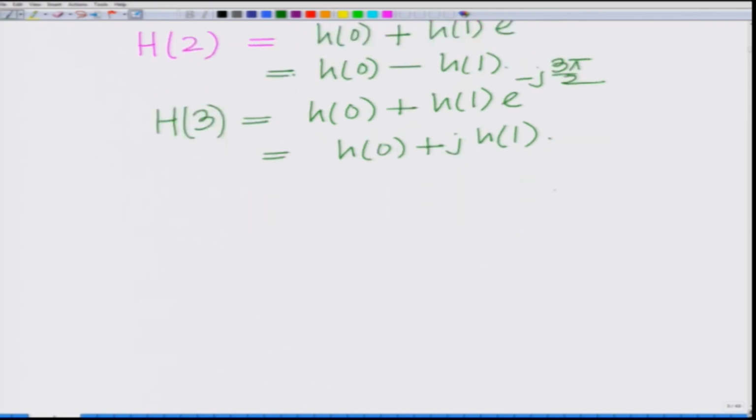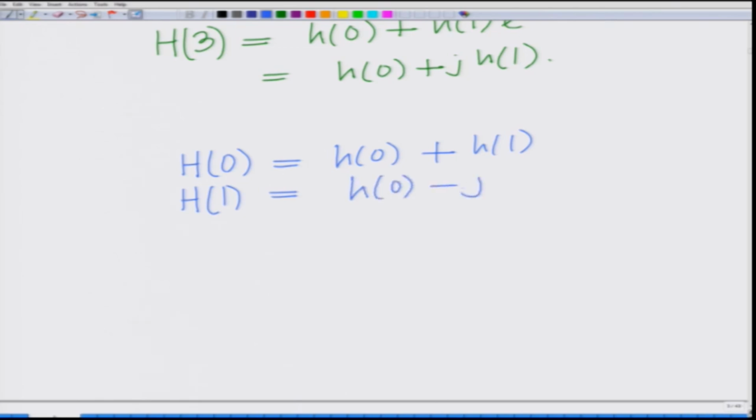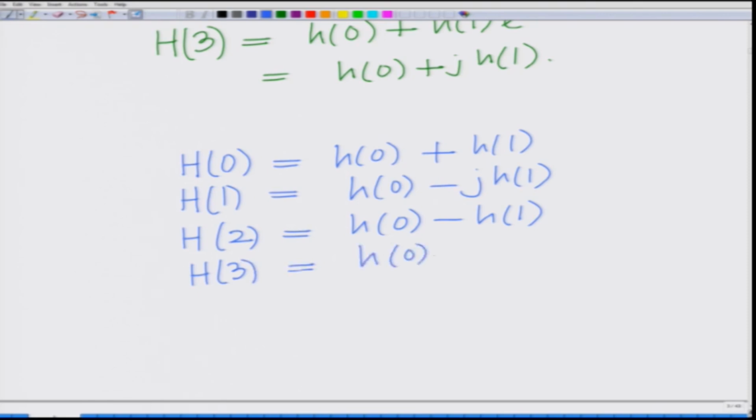And now let us write all these channel coefficients across the subcarriers together, and what you will find is capital H0 equals h0 plus h1, capital H1 equals h0 minus j h1, capital H2 equals h0 minus h1, capital H3 equals h0 plus j h1.